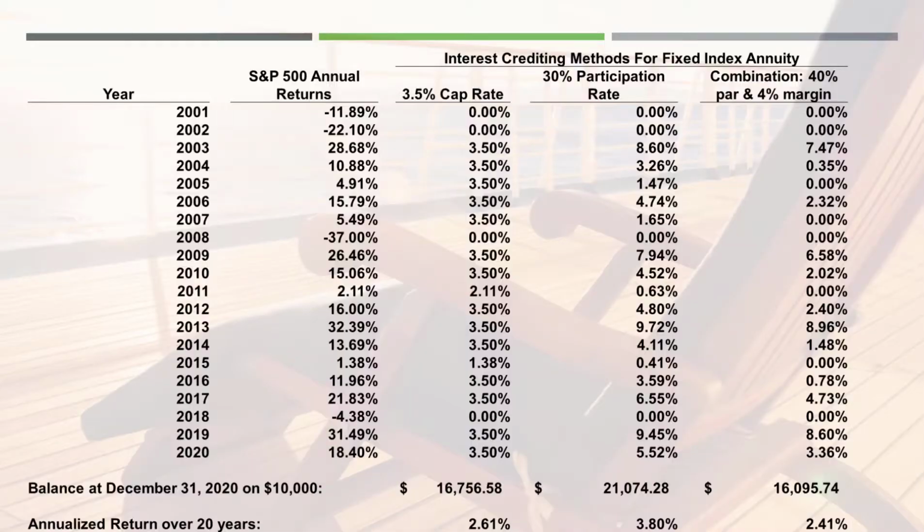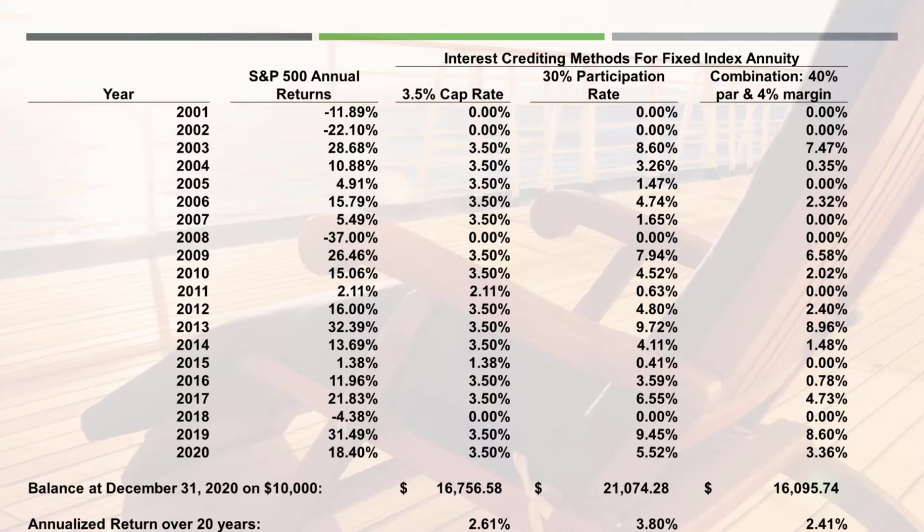Let's get started by looking at the calculations for the interest crediting methods. And just as a reminder, those interest crediting methods that we're going to look at are cap rates, participation rates, and then a combination of a participation rate with a spread or margin.